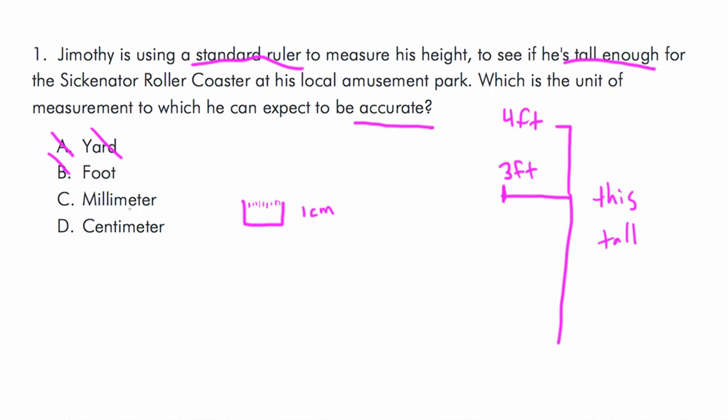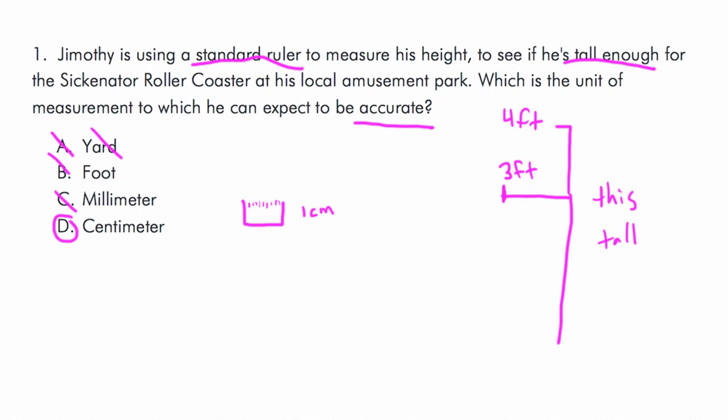So when going between C and D, the answer is definitely going to be D, centimeter, because it gives you an accurate look at how tall you are, especially down to the wire when it's 3 feet and a centimeter, however many centimeters there are up to your height. Millimeter is going to be too close.